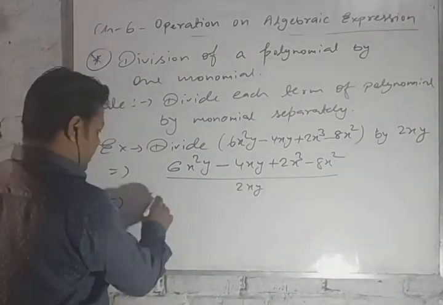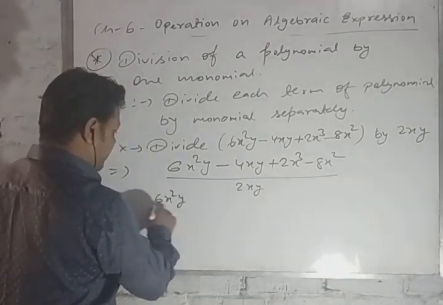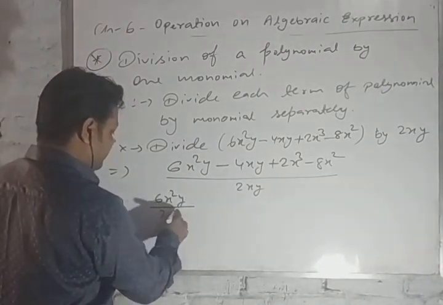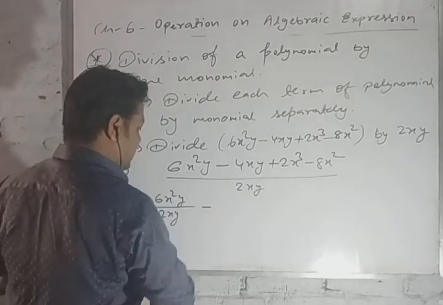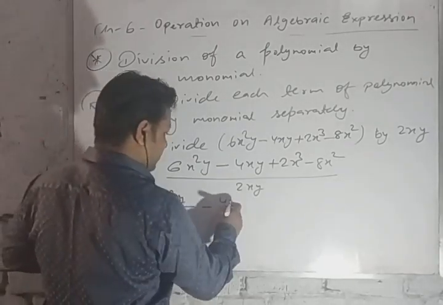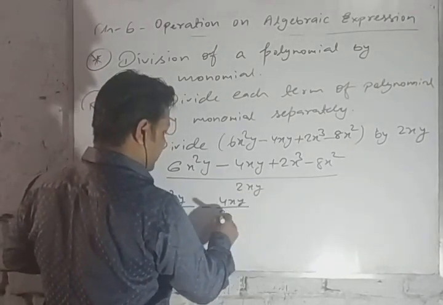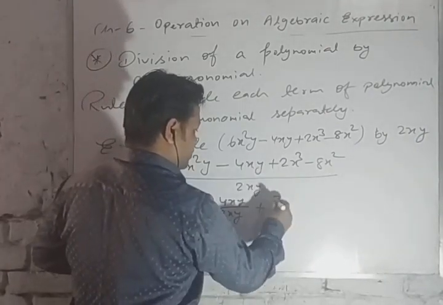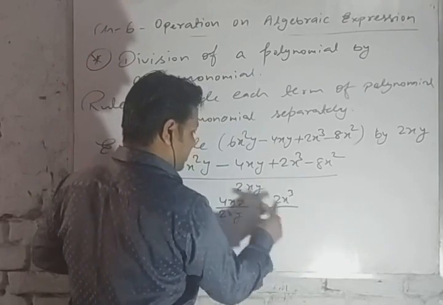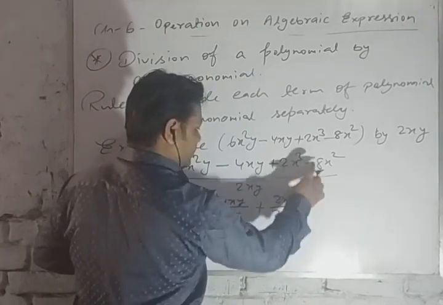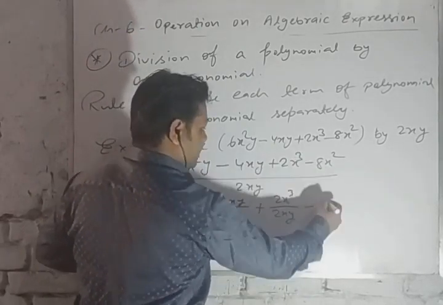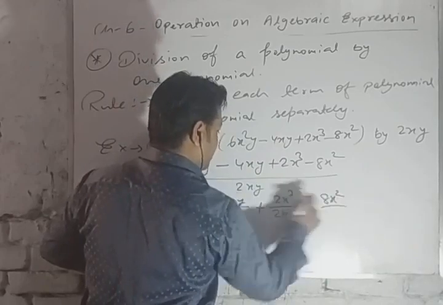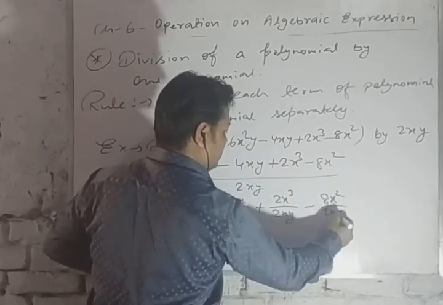So here we can write 6x square y by 2xy. Then minus sign. And then second term 4xy by 2xy. Okay. Then plus 2x cube by 2xy, minus, in between we will write 8x square by 2xy.